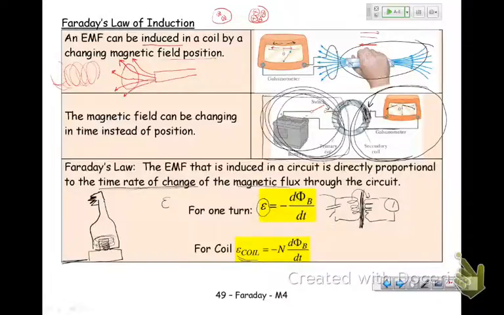So while this is stood on the nightstand, because of the changing AC, I've got a changing magnetic field, which is inducing an EMF inside the receiver, which is charging up a battery. And so when I pick it up, it runs for a while. No wire connection. It's really excellent.